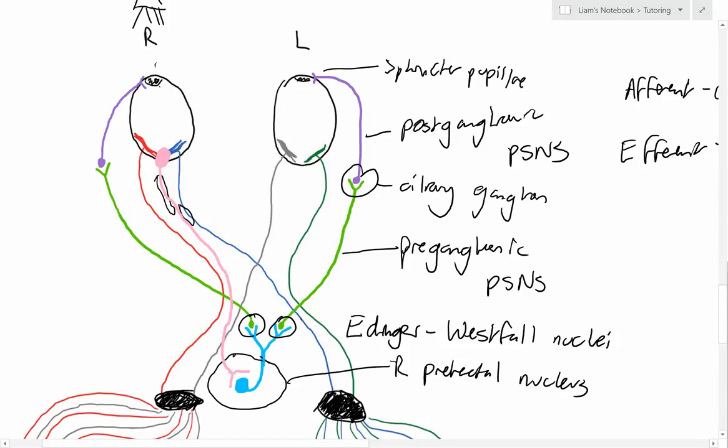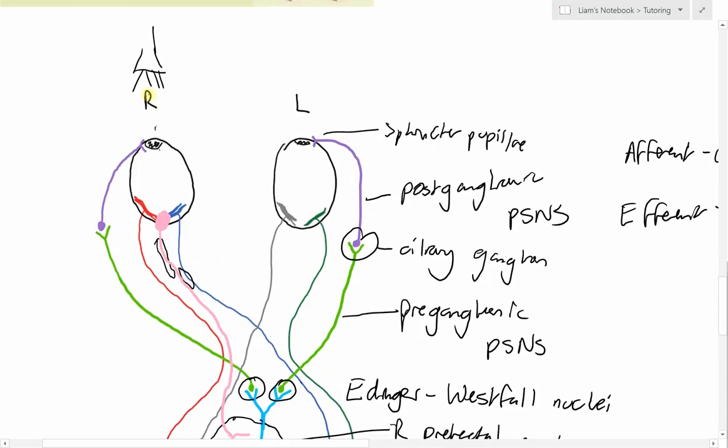And when you're doing the swinging test, if we say we start in the right eye and say that this is a lesion affecting the right optic nerve, we swing from the right to the left eye. The left eye constricts fine. The right pupil constricts fine. When the light's swinging in between, there's a moment where both pupils are in darkness, and so they'll start to dilate again.